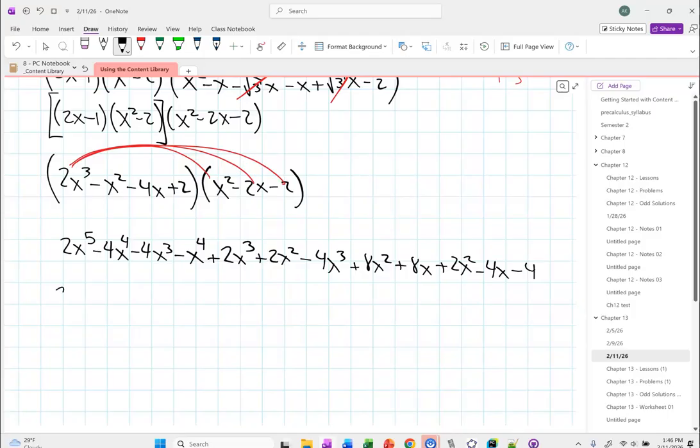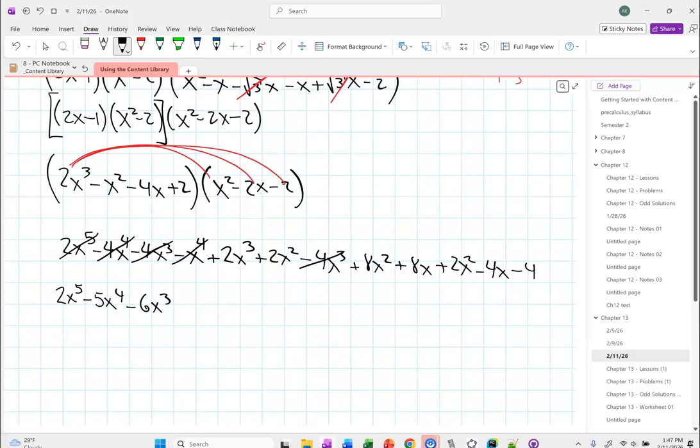All right, now I'm going to combine my like terms together. That's my only to the fifth term. Negative 4x to the fourth and negative 1x to the fourth make negative 5x to the fourth. That's all my x to the fourths. Positive 2x cubed and negative 4x cubed gives me negative 6x cubed.